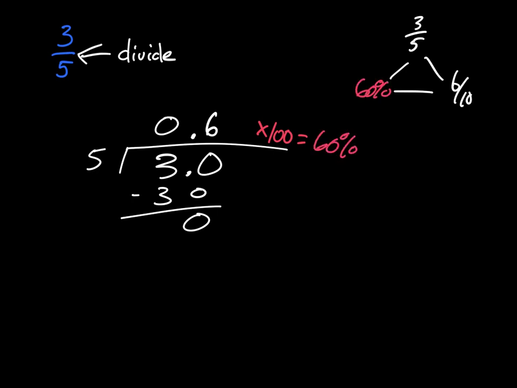The most important thing to remember here is that this means to divide, and once you divide it out, you can get your decimal and easily go to a percent.